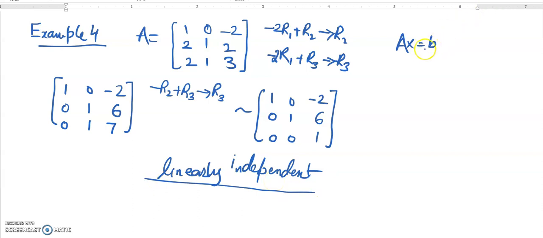Or if b is a null matrix, that is 0 0 0, then all the values for x1, x2, x3 will be 0, which is also the condition for the linear independence of the three vectors represented by these three columns.